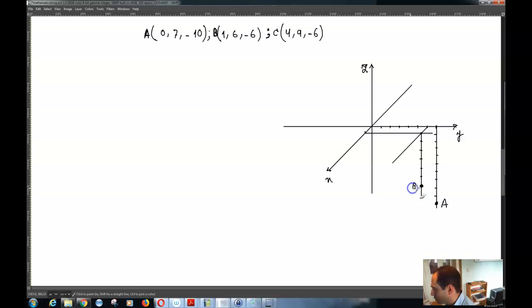That's point B. And then you have 4, 9: 1, 2, 3, 4, then 9: 1, 2, 3, 4, 5, 6, 7, 8, and 9. Then negative 6: 1, 2, 3, 4, 5, and 6, which makes no sense.